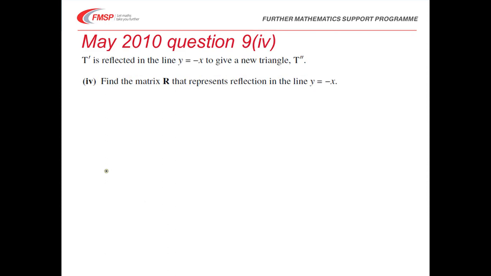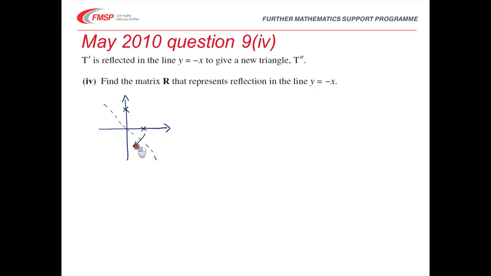For part 4, we need to look at the matrix that represents reflection in the line y equals minus x. So as before, we consider the points 1, 0 and 0, 1, and we're reflecting in the line y equals minus x, which is this line here.